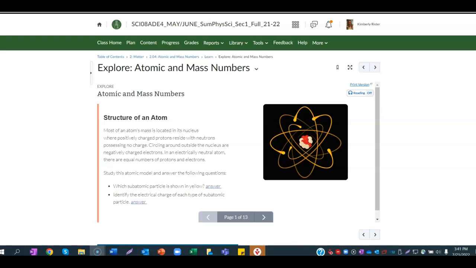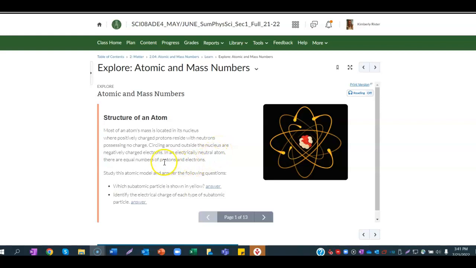Circling around the outside the nucleus are negatively charged electrons. In an electrically neutral atom, there are an equal number of protons and electrons. So this does answer guiding question number 1. The protons and neutrons are in the nucleus, and the electrons orbit outside the nucleus.